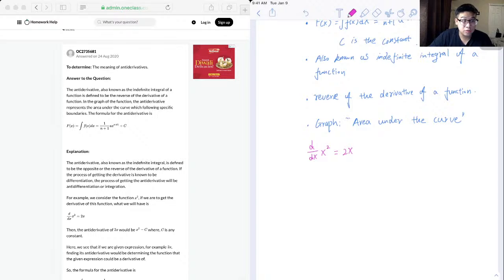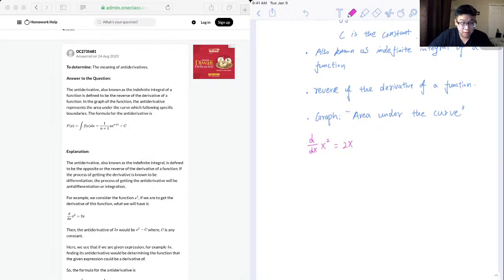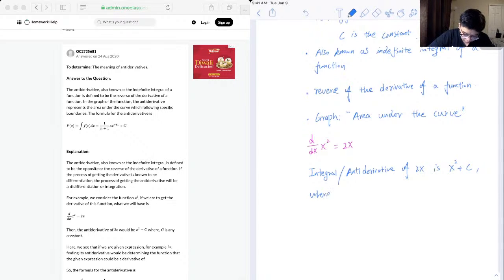And the antiderivative of 2x will be x squared plus c, where c is a constant.